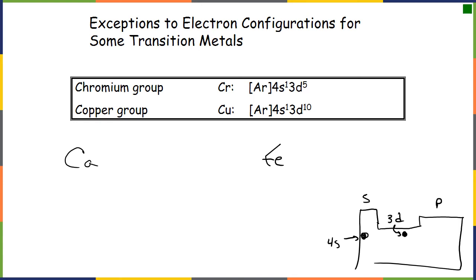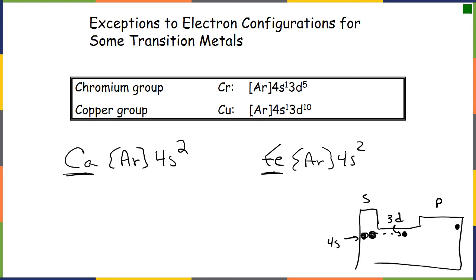This is a multi-electron atom. These get complicated, and we're just going to have to accept a few facts. And one of them is that we're going to put electrons into the 4s before we do them into the 3d. So if we look at calcium and we want to do its electron configuration, we're going to the nearest full noble gas, which is argon, and then we're going to fill across to exactly where it is right here, which is a 4s2. Now, iron instead is going to be argon, filling straight across the periodic table.